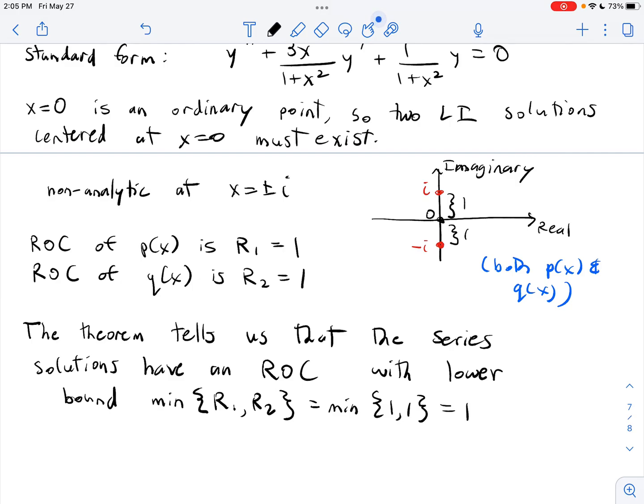The minimum of 1 and 1 is 1. So that means they have a lower bound of 1. And that's it. That's all we need to do to solve that one. Okay.